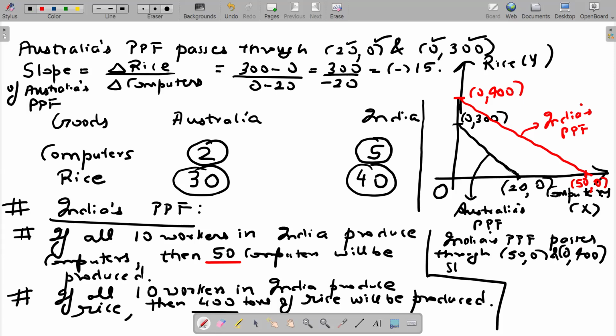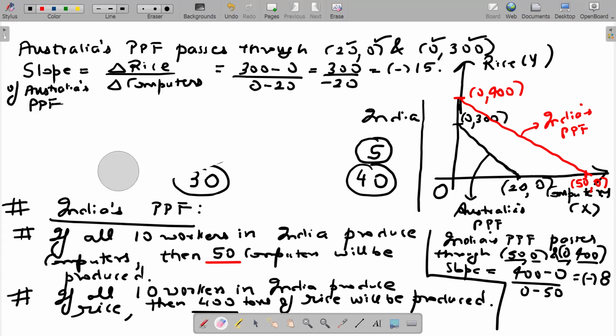So what is the slope? Again, change in rice over change in computers. So 400 minus 0 divided by 0 minus 50. So if you check it out, students, it's minus 8. So I can write that the slope of India's production possibility frontier is minus 8.